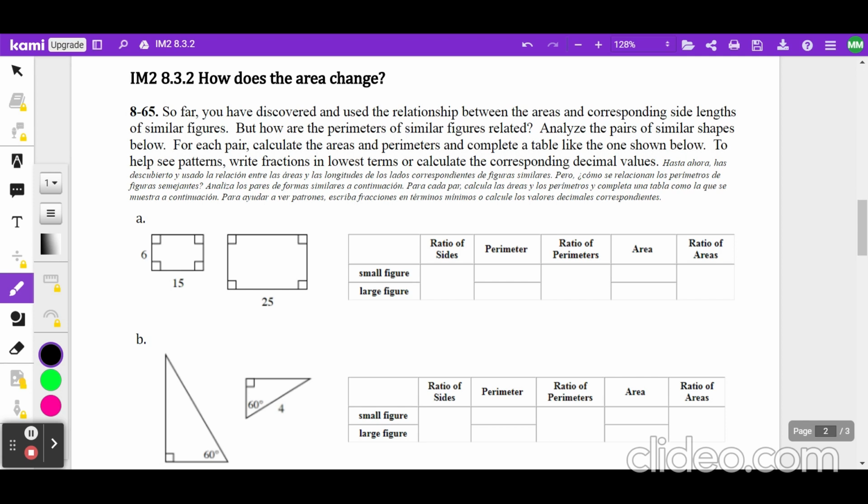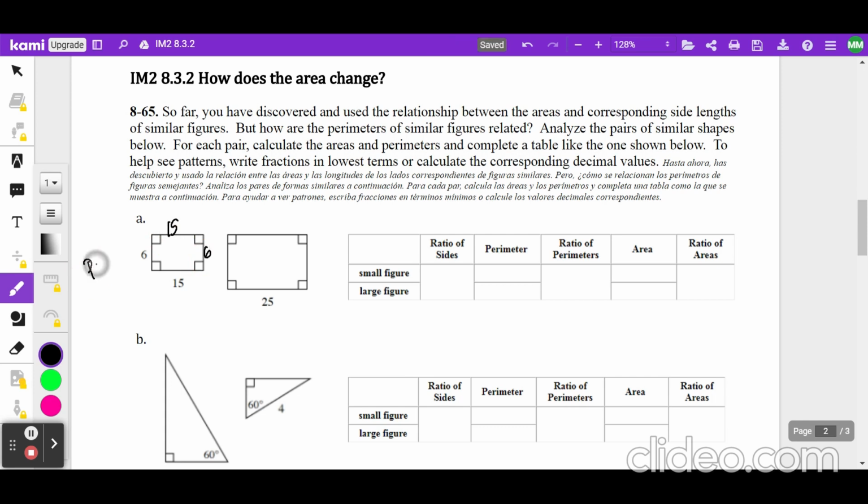Okay, let's look at part A. What is the ratio of the sides? I'll do the perimeter first. So this is a rectangle.